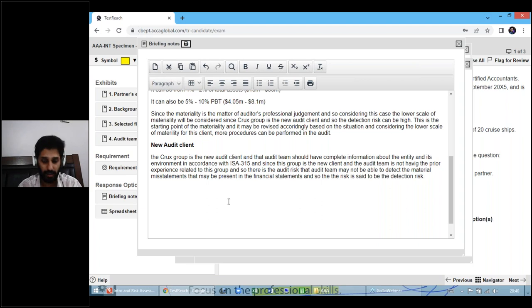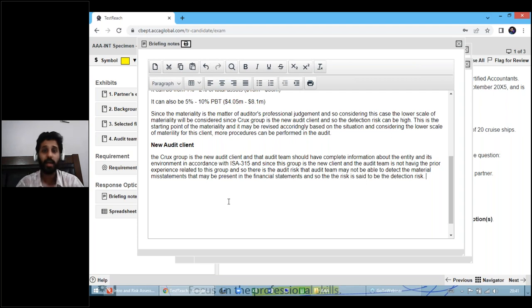That there is a detection risk. Now you should write more, that there is also the risk that opening balances and comparative financial information may not be correct, and it may be misstated, right?